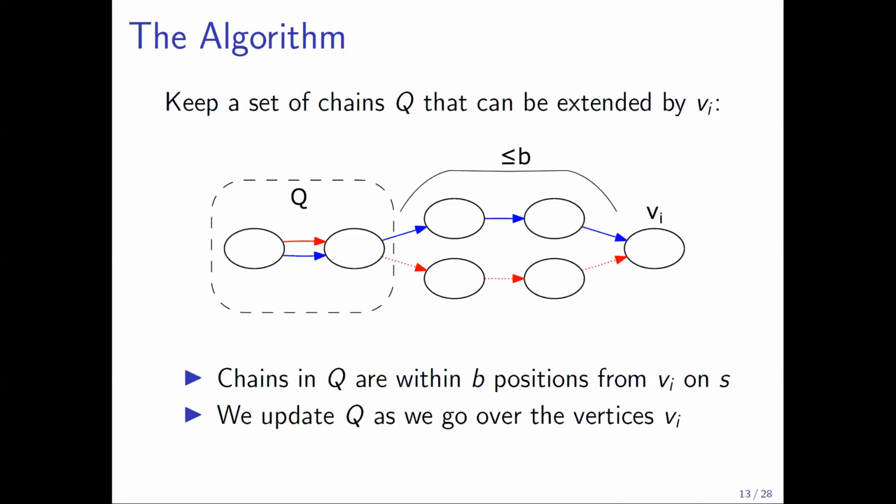As soon as some chains become too far away from the current position, we discard them, and this way we keep the data structure size relatively small.